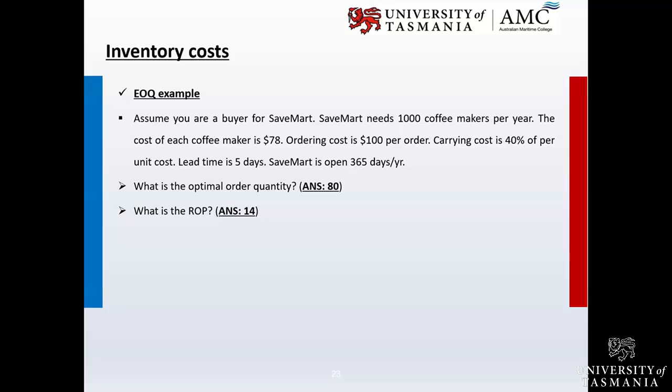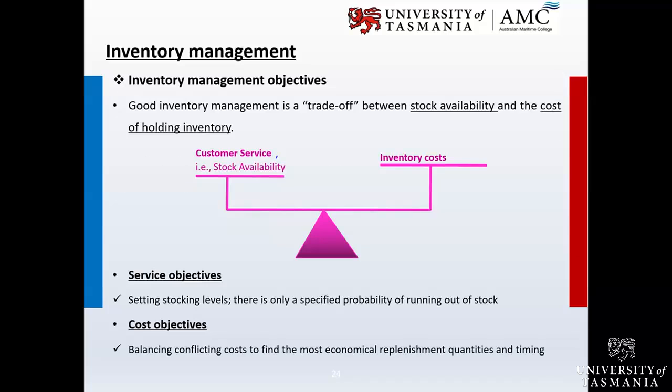So this is the EOQ example. We have discussed the trade-off between stock availability and inventory carrying cost. So if there is a higher level of inventory, it will result in higher inventory carrying cost, but it will result in a low stockout probability.